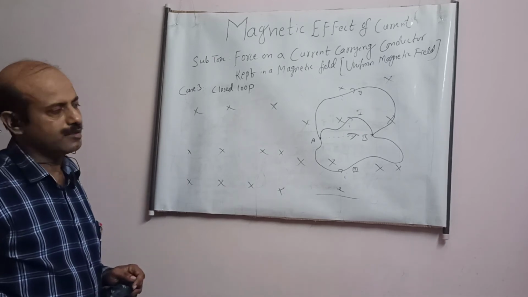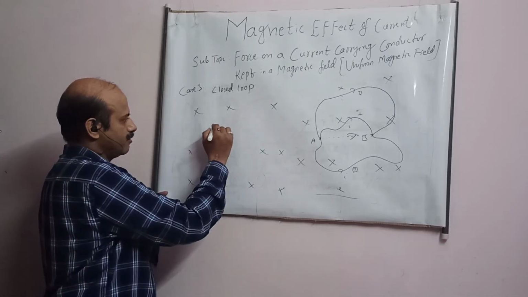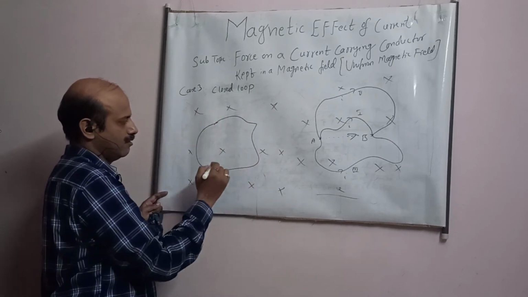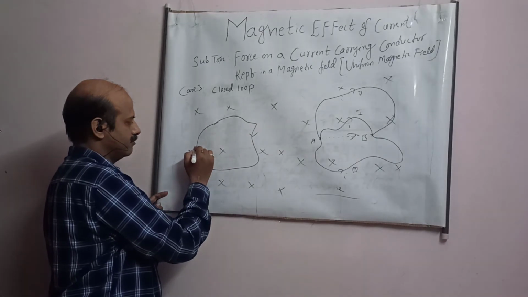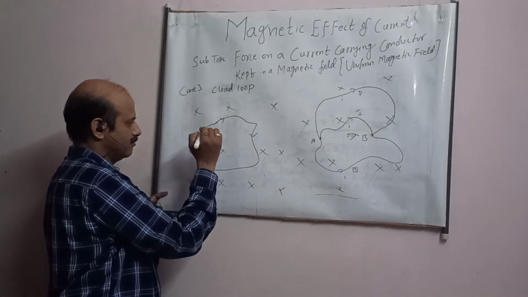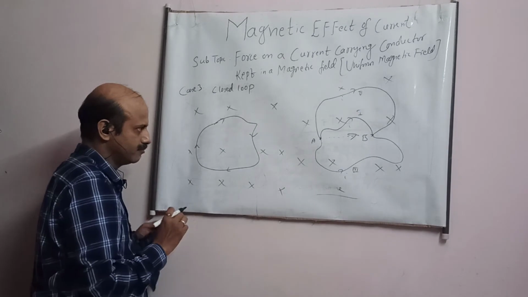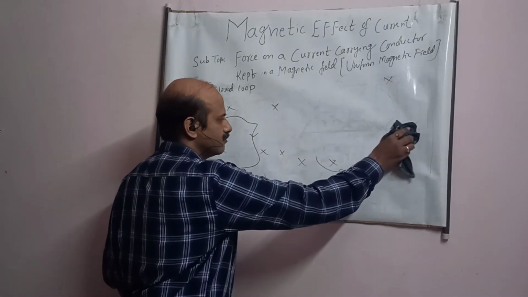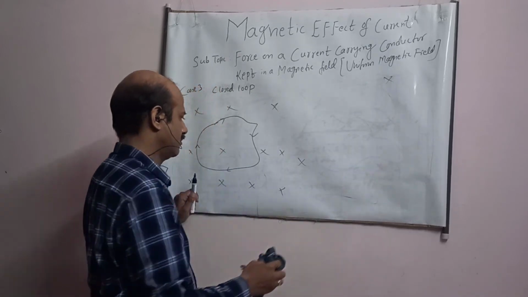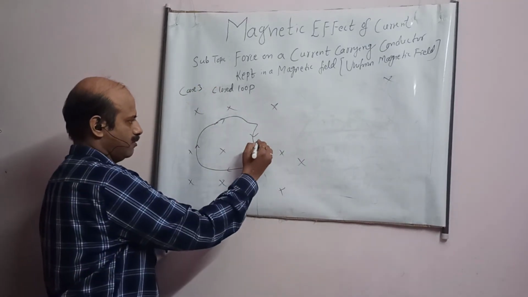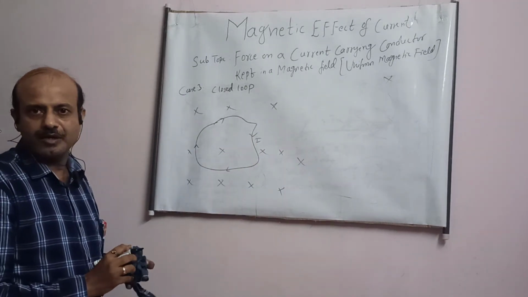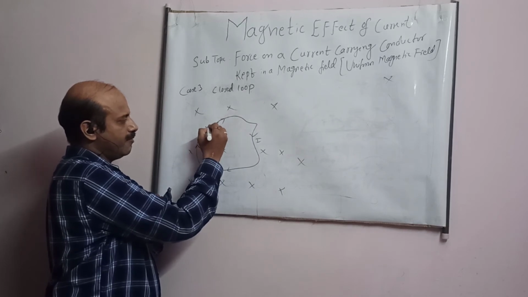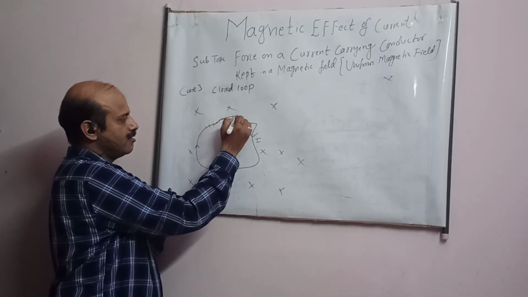Closed loop of wire is there, like this, student. And say current is flowing. Now again, student, the method is same. I will divide this part into small elementary parts of length dl.